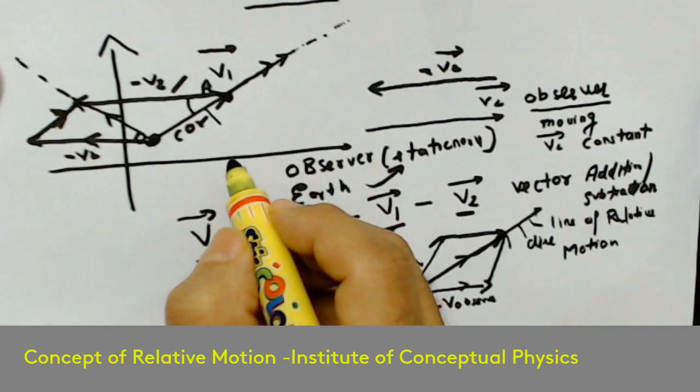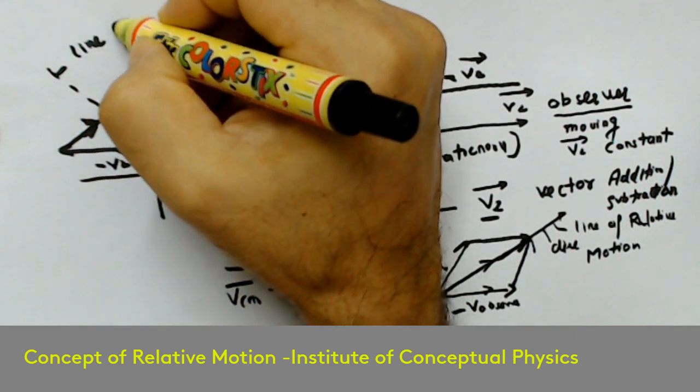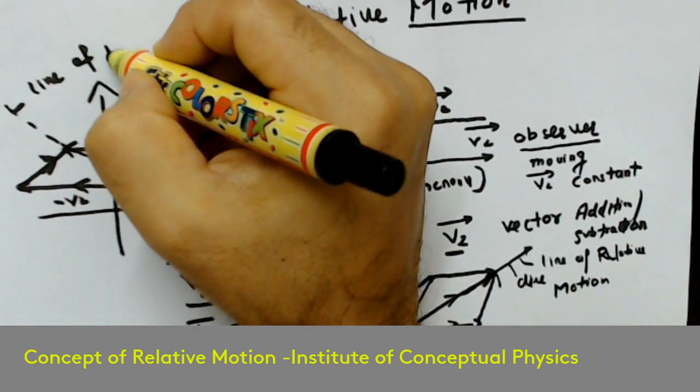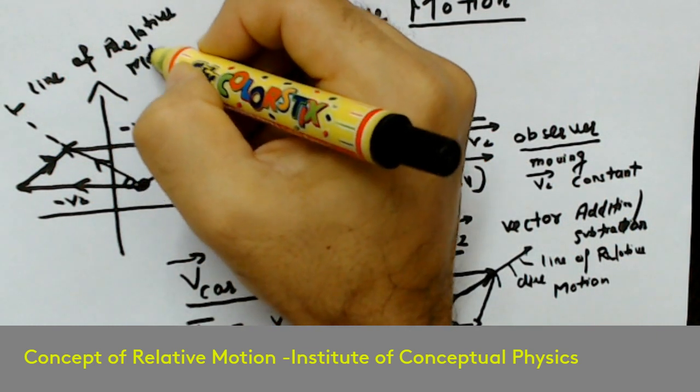So this direction is called the line of relative motion. Okay.